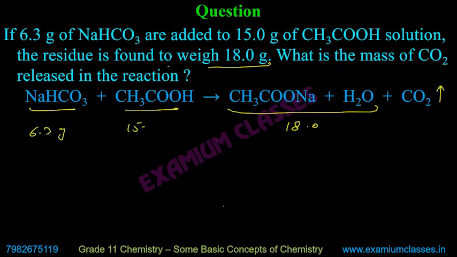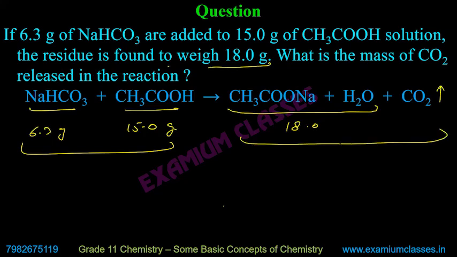This was 15.0 gram. It means before reaction, after reaction, it has to be the same. So 6.3 plus 15.0 will give you 21.3. This is 18.0. It means x will be 21.3 minus 18, which is 3.3.